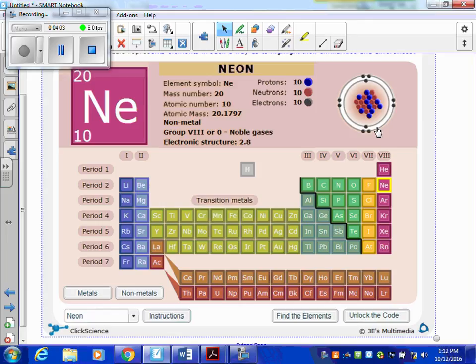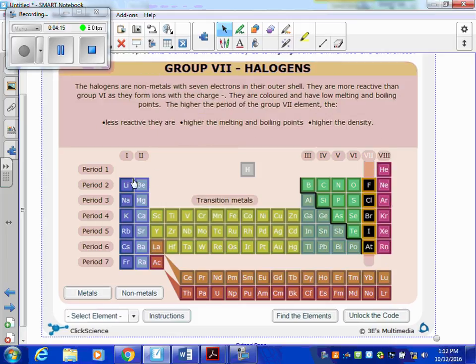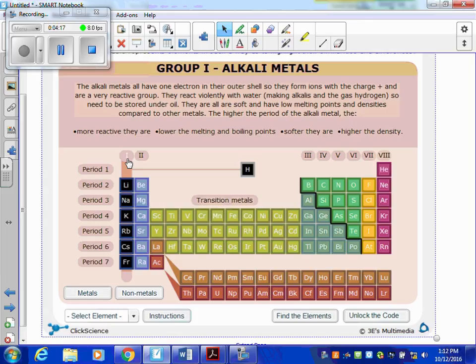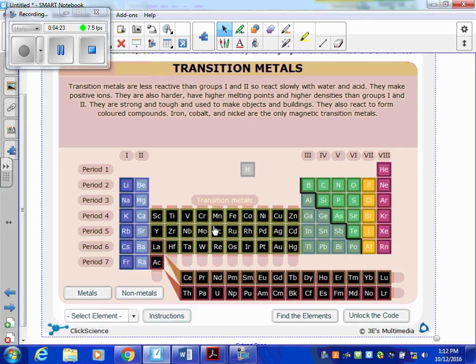They do not like to bond with other atoms. Therefore, they are nobles, sort of better than the other atoms, or so they thought. Noble gases, halogens, alkali metals, alkaline earth metals. Oh, I forgot the transition metals in the middle. Big family, and these are all metals that have similar characteristics as well. So lots of different families of elements.